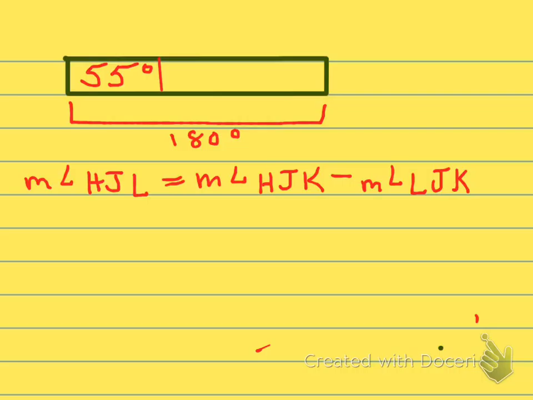So I know that X equals 180 degrees, which is my total, minus 55 degrees. So X must equal what, boys and girls?